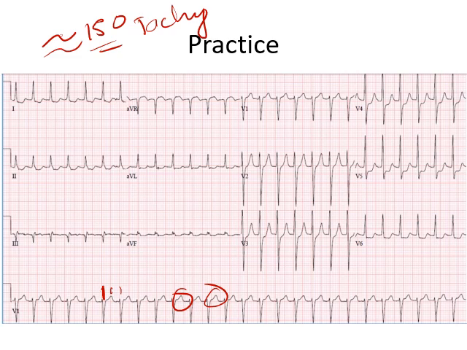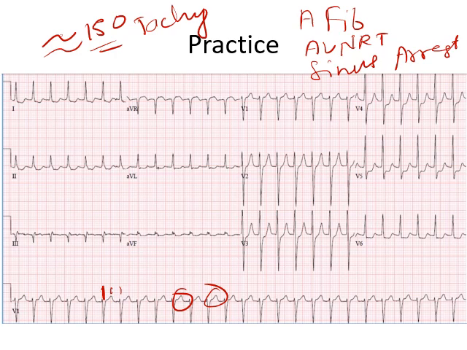Then can you guys remind me of 3 conditions in which we see absent P waves? Yes, that's correct. It's atrial fibrillation, AVNRT, then sinus arrest. Now, how to differentiate between these 3 conditions? I talk about it in detail in my video on arrhythmia, but just to give you a brief idea, in atrial fibrillation we see an irregular heart rhythm.